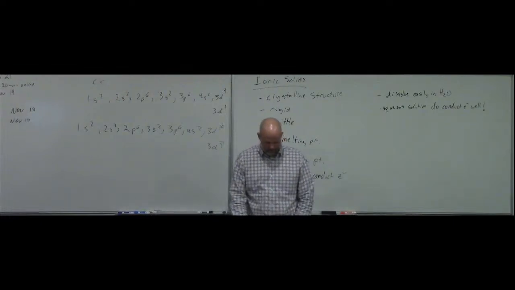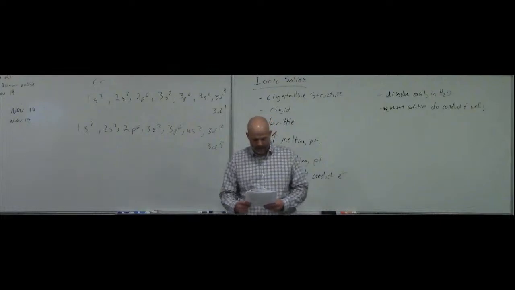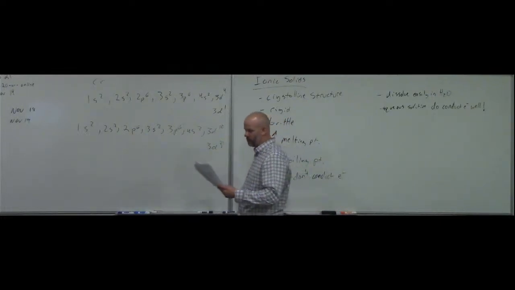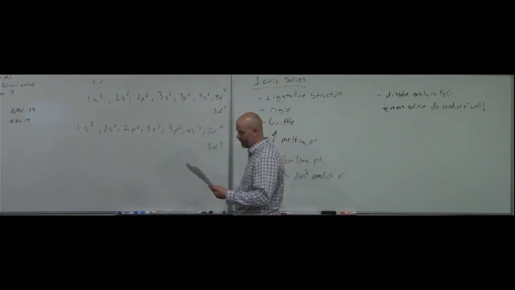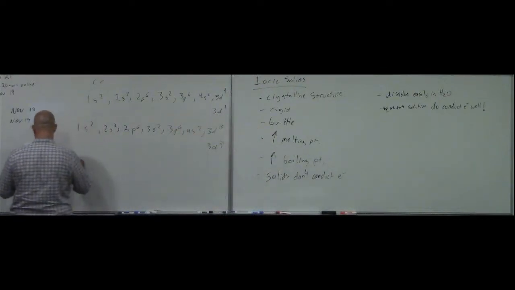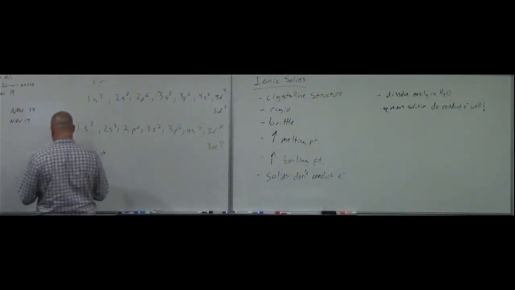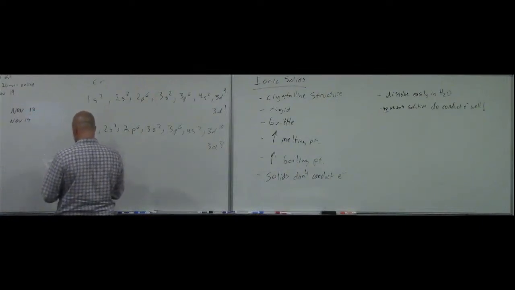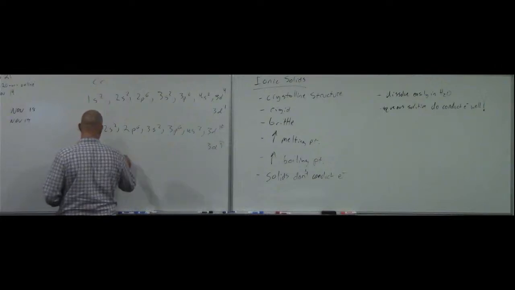Great, okay. Now it wants us to do a problem with that. Selenium and iodine are 2 essential trace elements that form anions. Write the electron configuration of these anions. So we've got selenium, and we've got iodine.